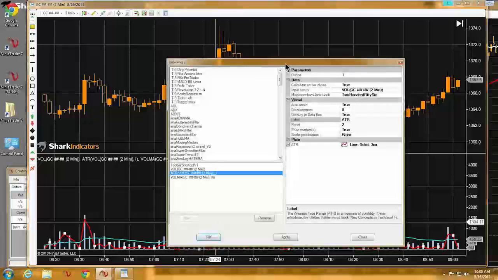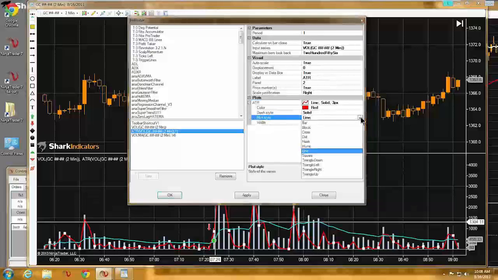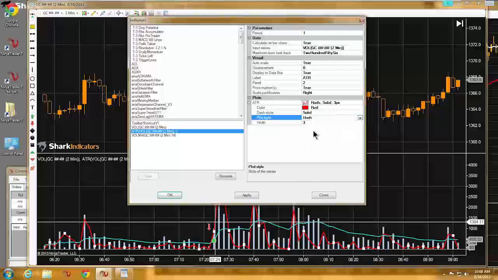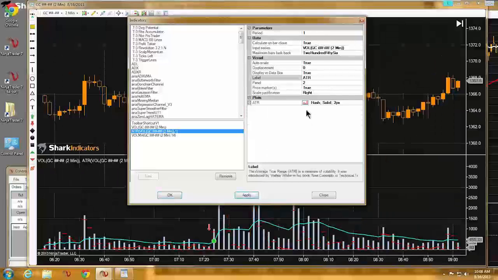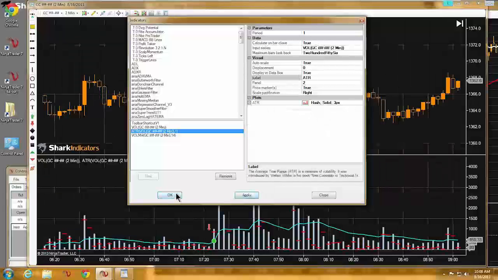So let me change that plot style. Using the line plot style makes it difficult to make exact comparisons on the chart. So I'm going to change this to a hash. See how that, there we go, that's much better. Put that back on a 3.